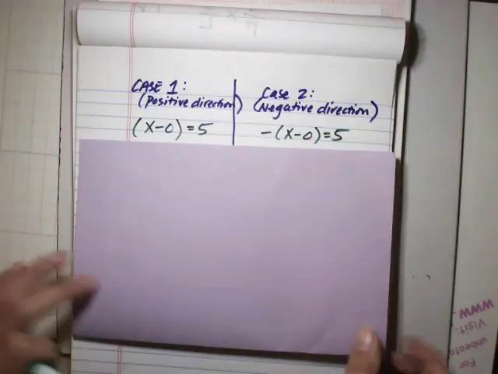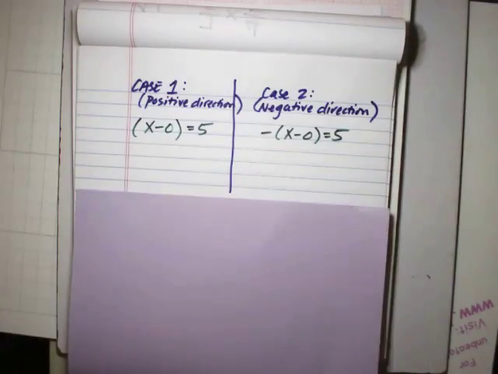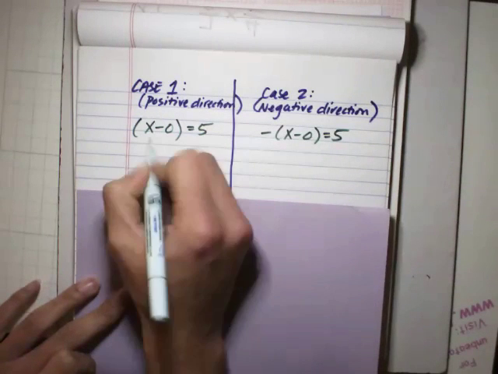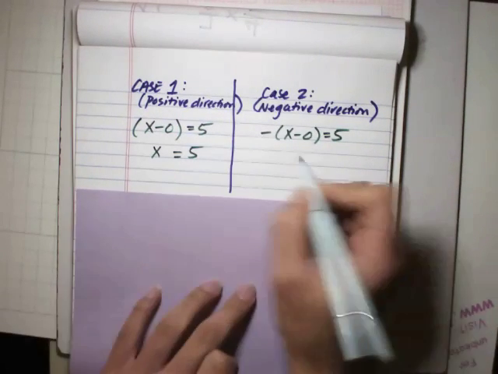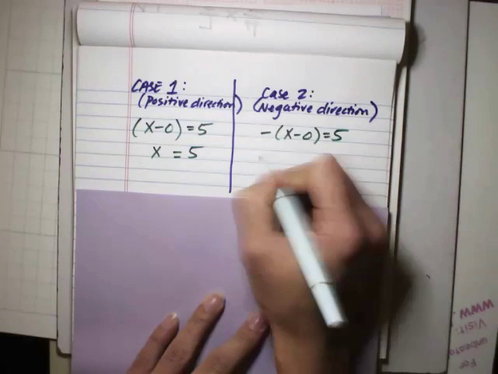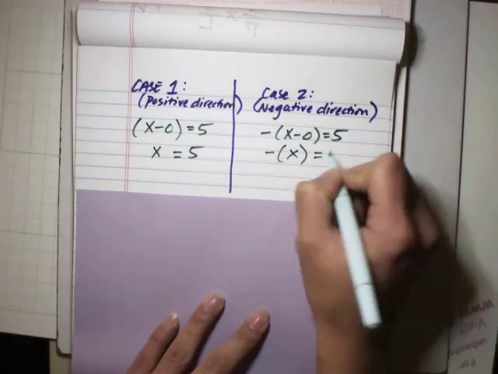We're going to solve this one at a time. Let's take case number 1 first. Well, x minus 0 is just x, so that equals 5 right away. Here I have a negative of this value, so that means that negative of x equals 5.